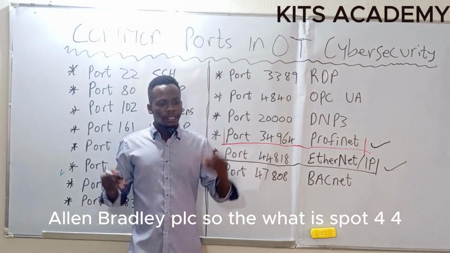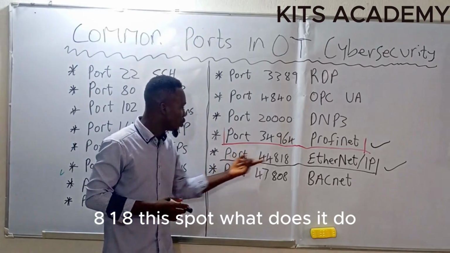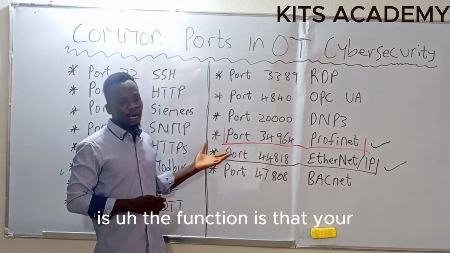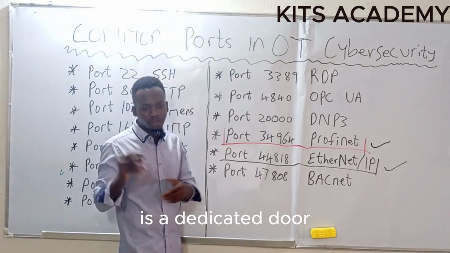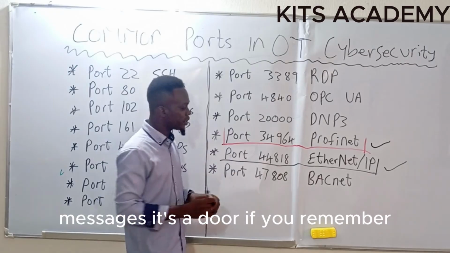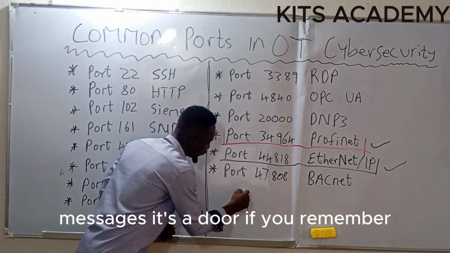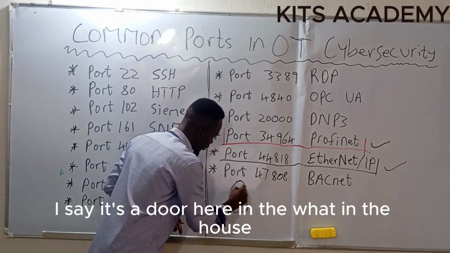So what is port 44818? What does this port do? Its function is that it is a dedicated door that EtherNet/IP uses to send and receive messages. It's a door. If you remember, I said it's a door in the house.